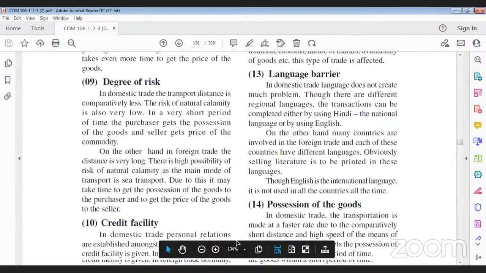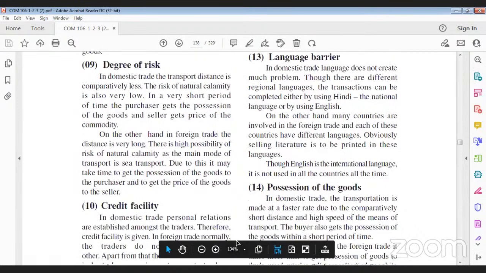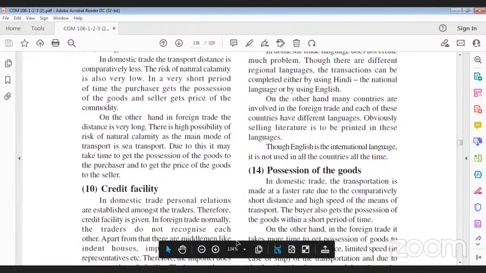Then the 14th point of difference is the possession of goods. In domestic trade, transportation is made at a faster rate due to the comparatively short distance and high speed of means of transport. The buyer also gets possession of the goods within a short period.